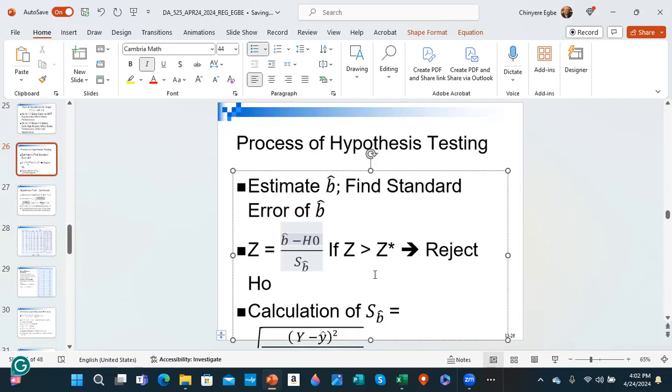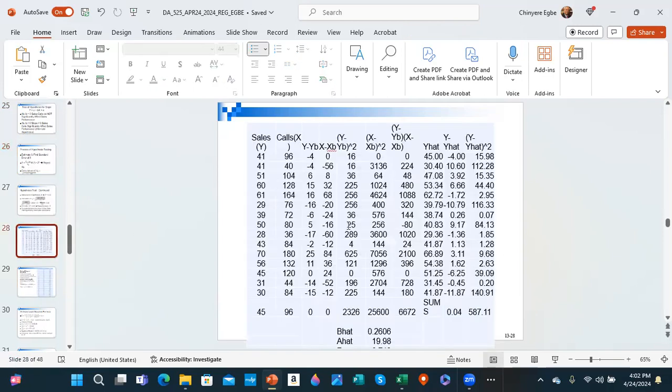The decision rule is that if Z is greater than Z star, we reject the null hypothesis. So this is a table that we create, and we create it exactly the way we did the other one.